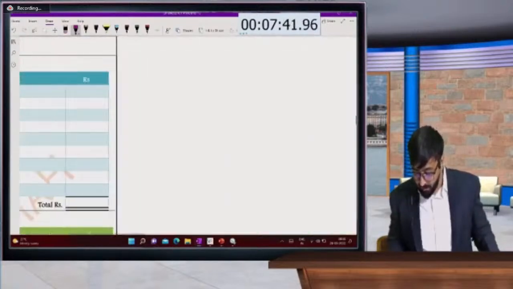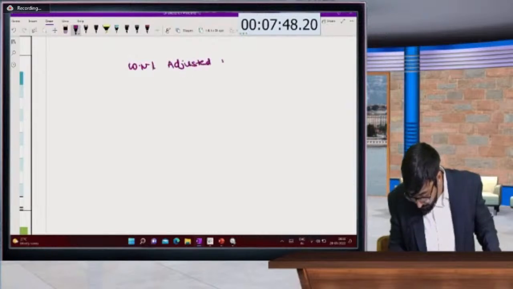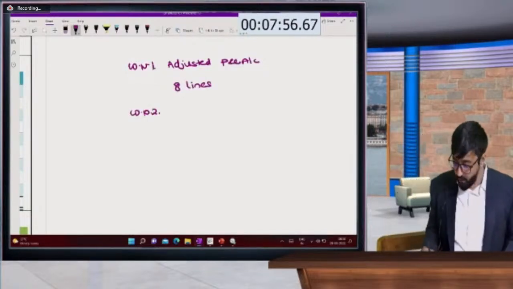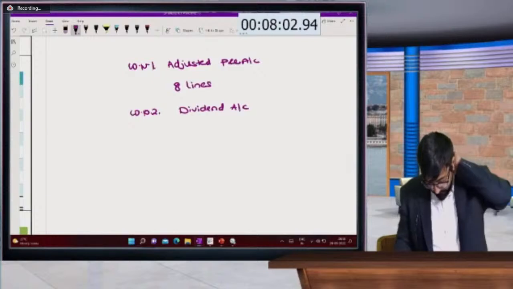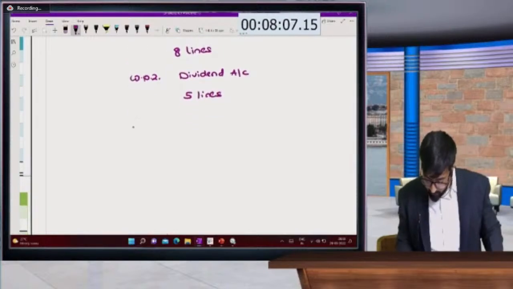Adjusted P&L account, working note 1. Adjusted P&L account, 8 lines. Working note 2. Dividend account, 5 lines. 3.